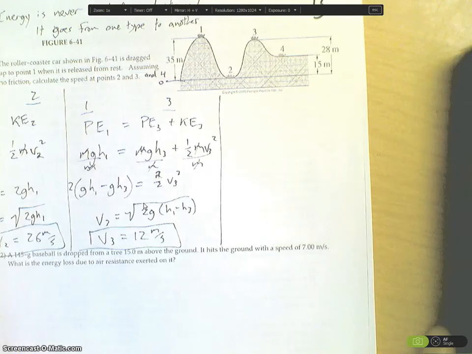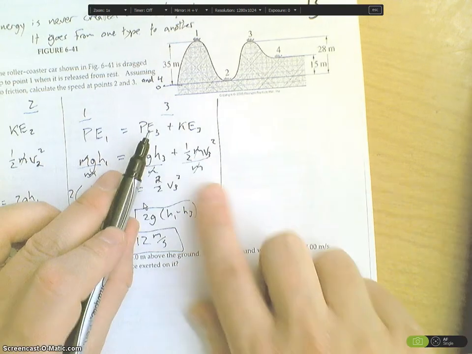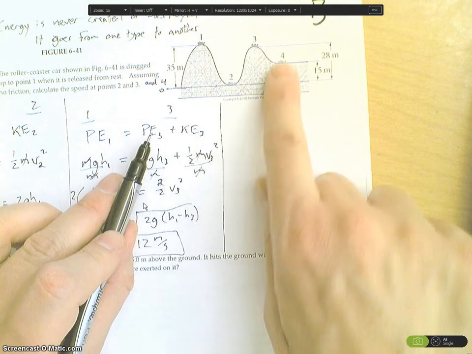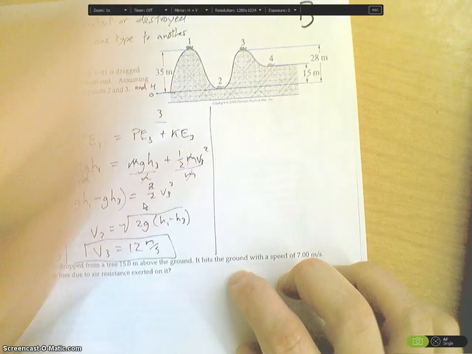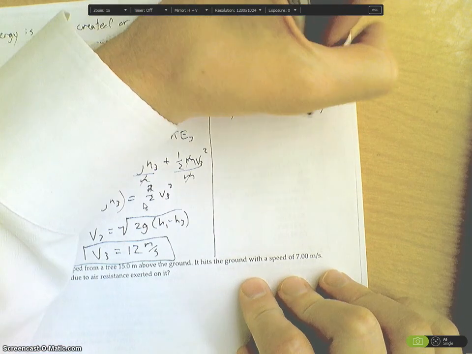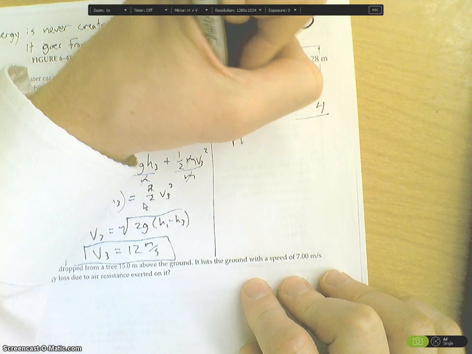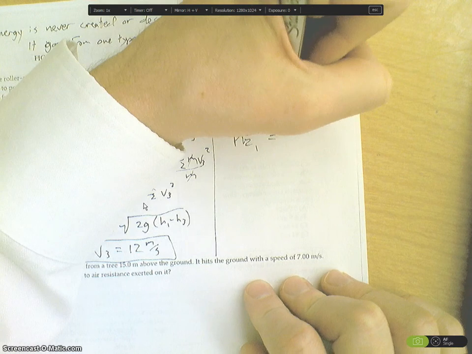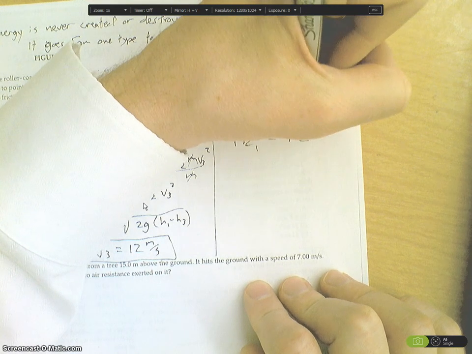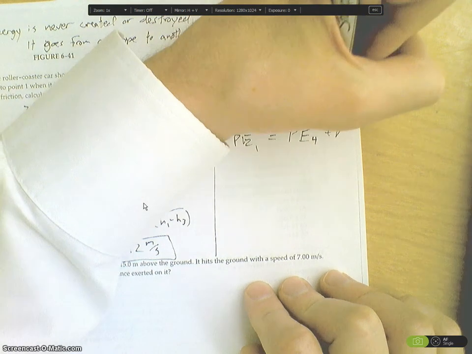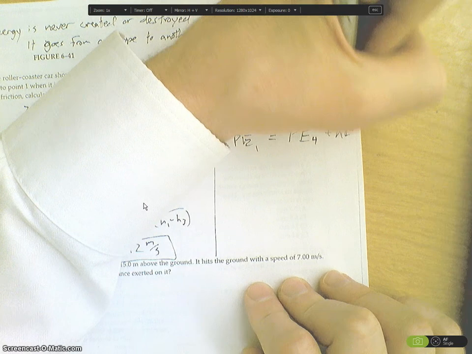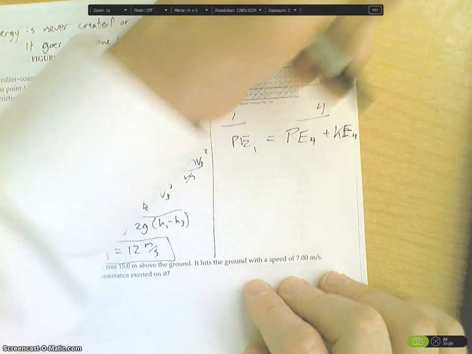Position 4 is done exactly the same way, only instead of using height 3, I'm going to use height 4. PE at 1 is equal to the potential energy at 4 plus kinetic energy at 4. Why?